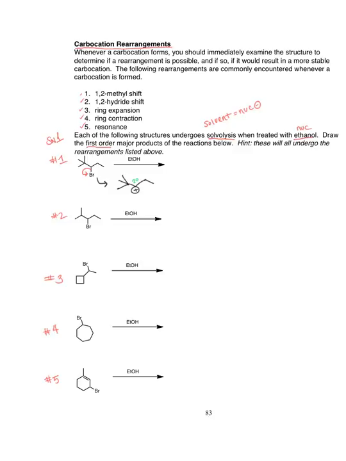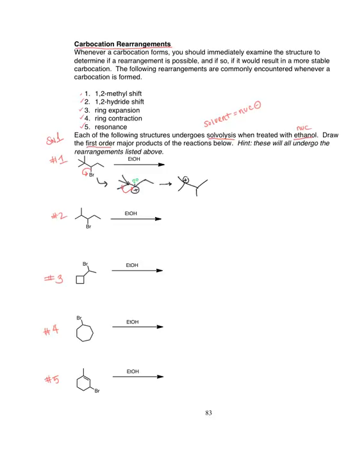So if we call this carbon 1, that's carbon 2. We take a methyl off of carbon 2, give it to carbon 1, and that's our 1,2-methyl shift. Now notice as a consequence, the carbocation is here because that's the carbon that lost some electrons.